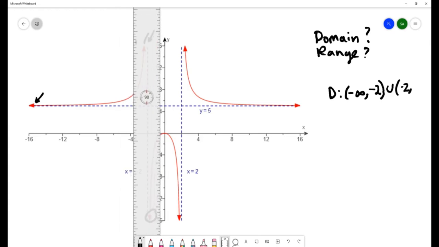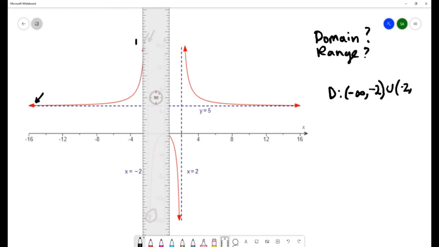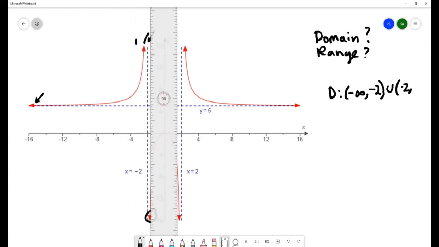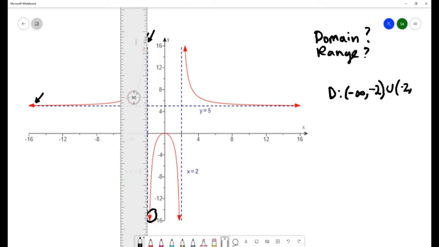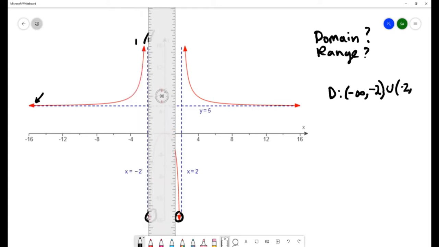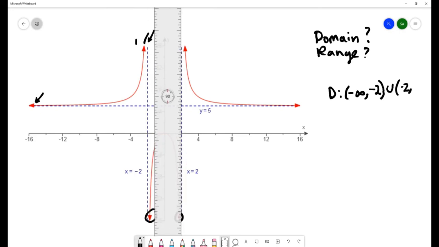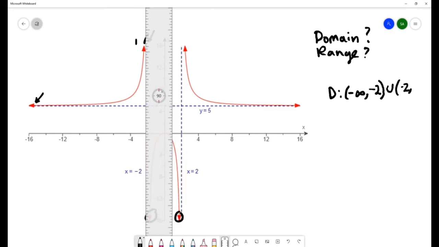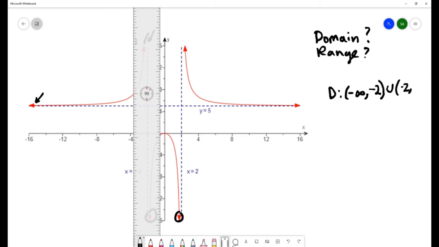So as I continue to move to the right, we get a similar situation happening at the next asymptote. This arrow down here indicates we're going to go down and to the right. So that means all of the numbers leading up to 2 are in the domain. But since that line never reaches 2, 2 is not in the domain. So we're going to stop that interval at 2.